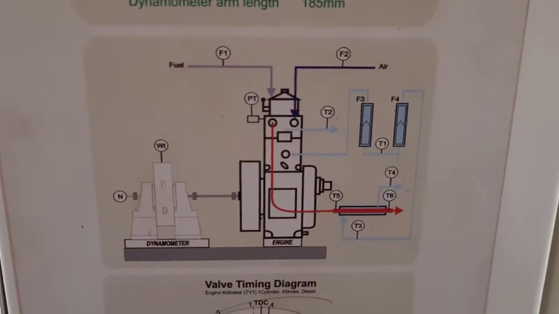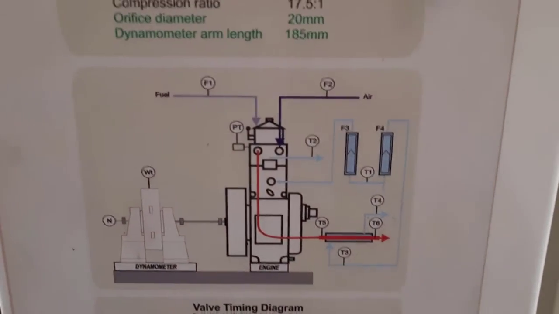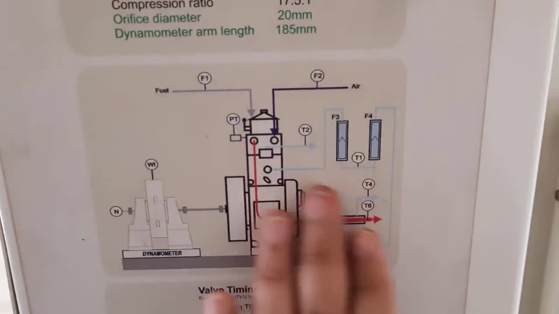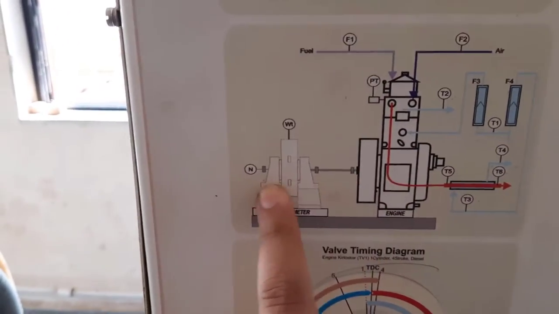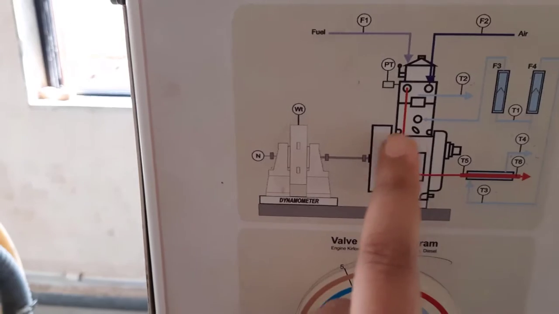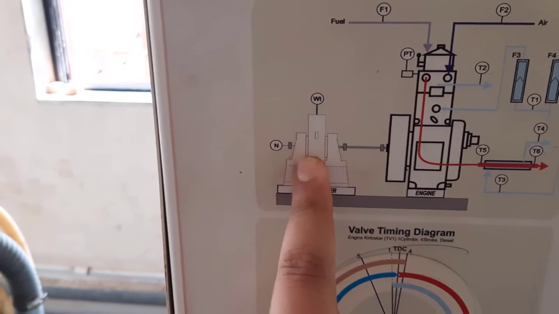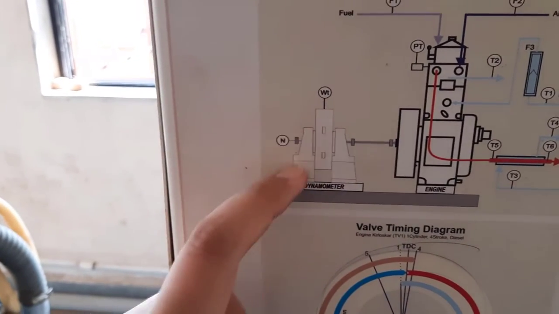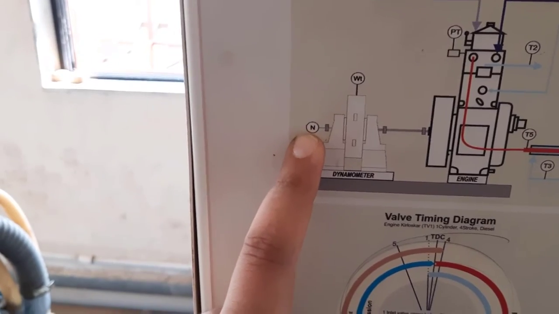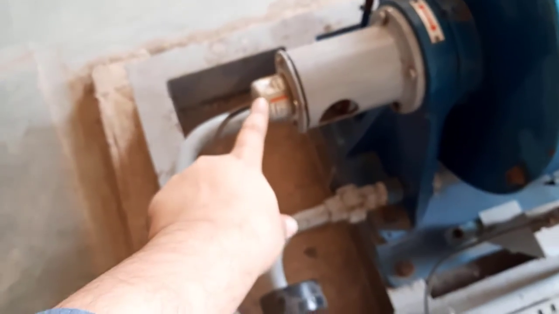Then what is happening? This part is completed. This is your shaft which is connecting your crankshaft to your dynamometer. We are getting RPM, N is your RPM, that is why this is your RPM sensor.